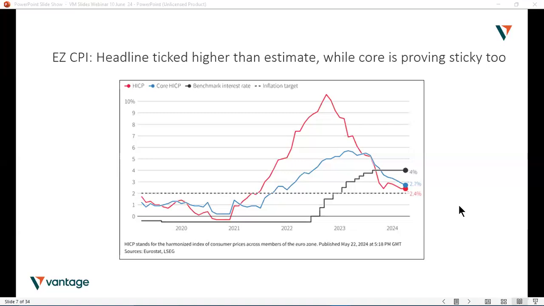Her comments pointed to a still needed level of restriction, very high data dependency, what we highlighted last week, and the fact that one of the members of the Governing Council was against yesterday's rate cut, a hawk, suggested that the ECB has not yet decided on any next steps.